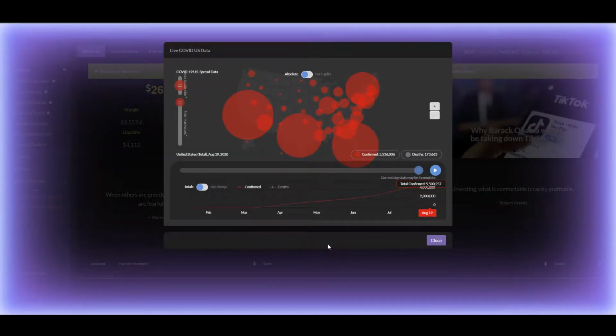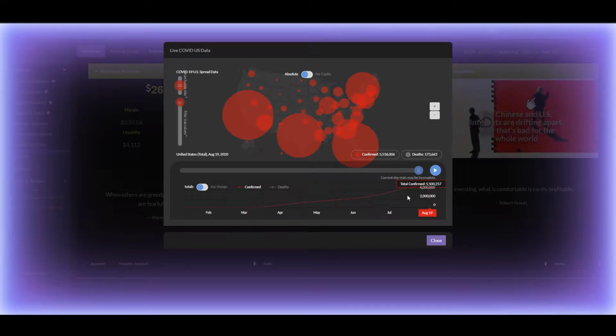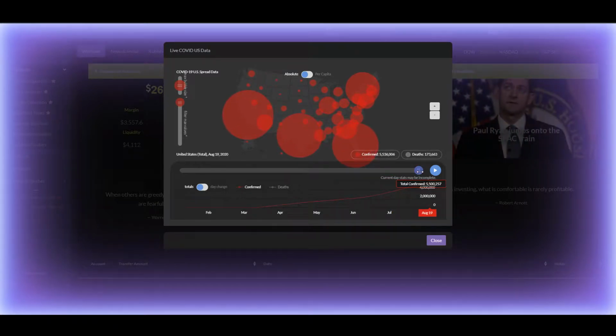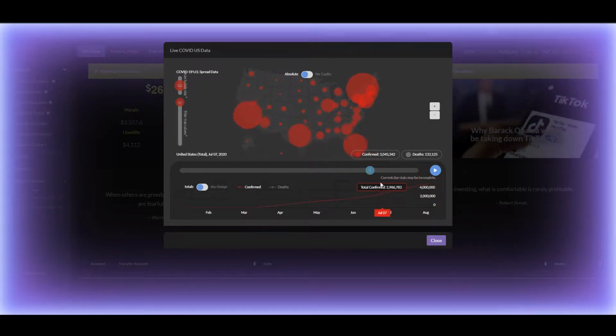Pretty scary red bubbles, but the point of this is not to scare you necessarily. It's to gauge an impression of what the news has to say versus what the reality actually is. That can be hard these days. And when you have data, when you have a map like this, it's pretty undeniable what's actually happening.